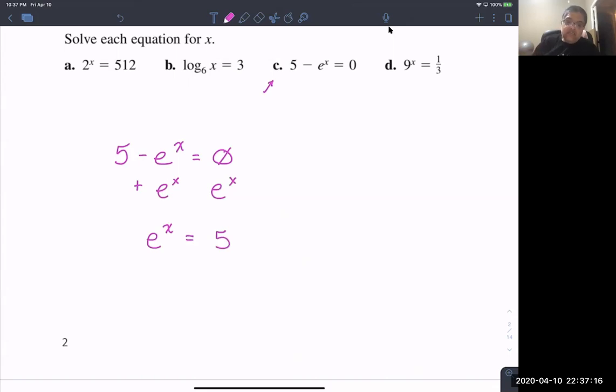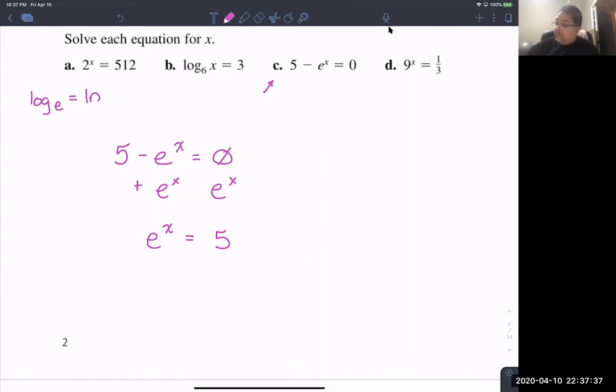So now this is an exponential equals 5. Okay, well, if I have an exponential equaling a number, how do I undo the exponential? I take the log of it. But what is log base e? Well, remember, log base e is one of our special logs, the natural log, ln.